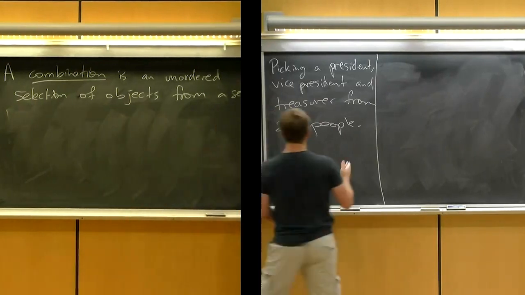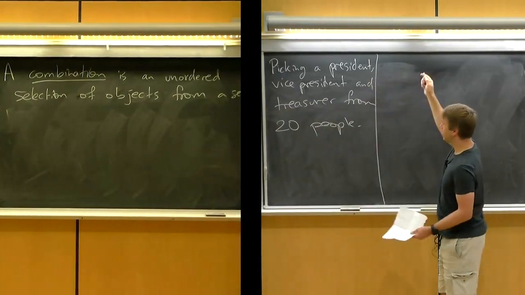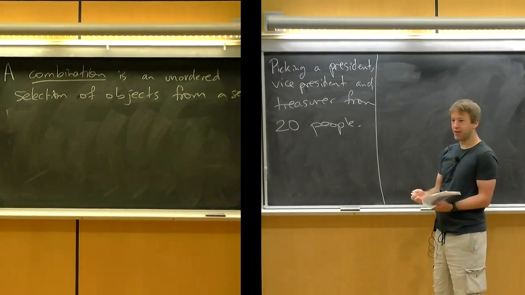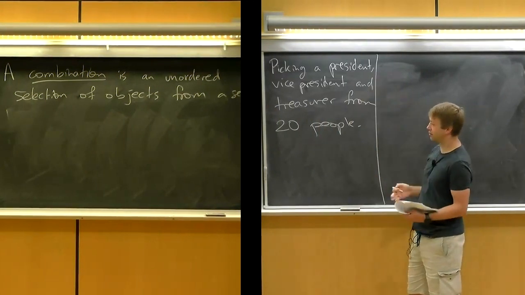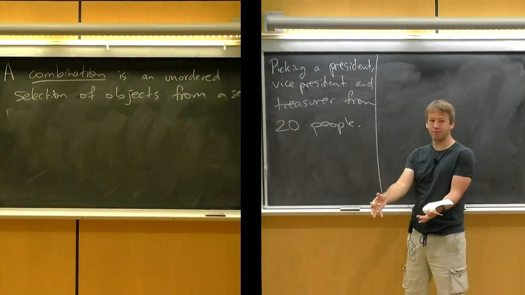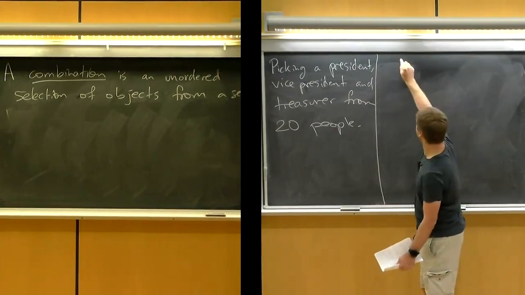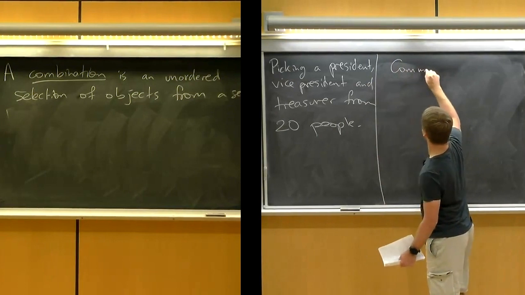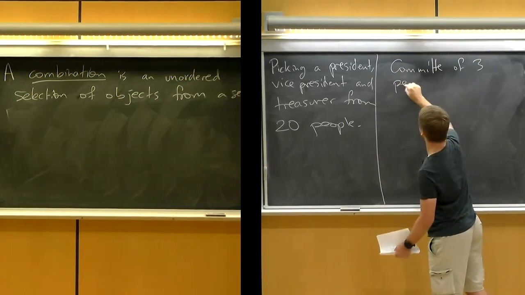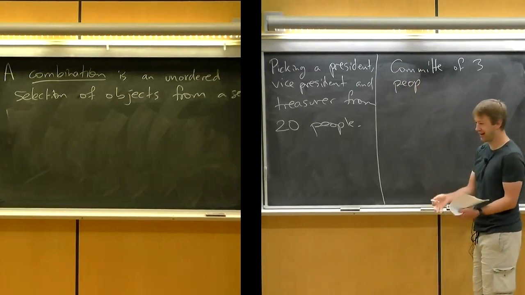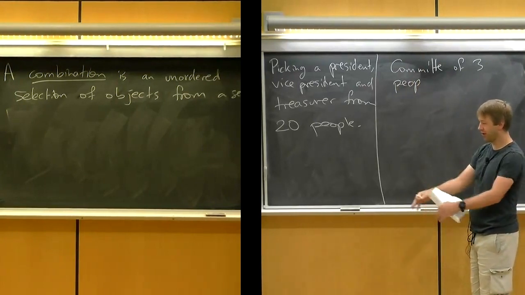So this is one type of problem. Another thing is you could say, suppose we're not picking a president, vice president, and treasurer. We're just picking a committee of 3 people. And those people don't have any special titles. Everyone's equal in this committee.